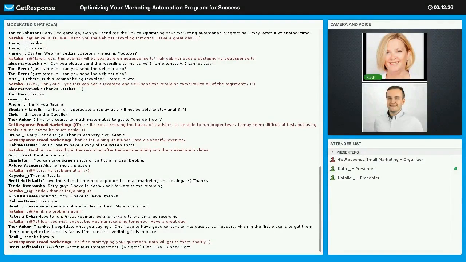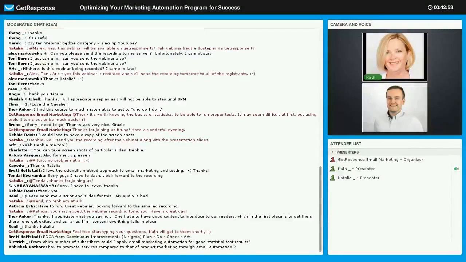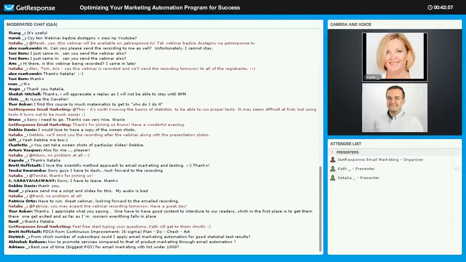says, I tried to test, but my list was too small, which makes it harder to grow the list, doesn't it? Which is ironic. It is. But you know what? It doesn't mean that you can't test. You're not going to be comparing absolutely apples with apples, but you can still be testing.